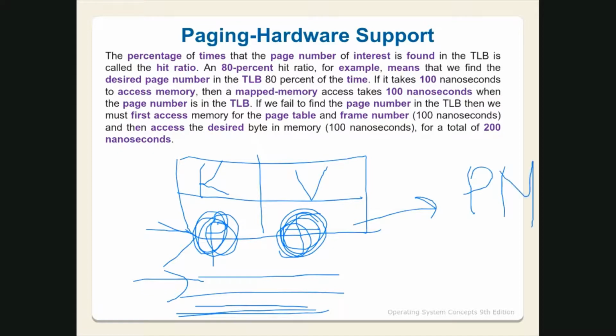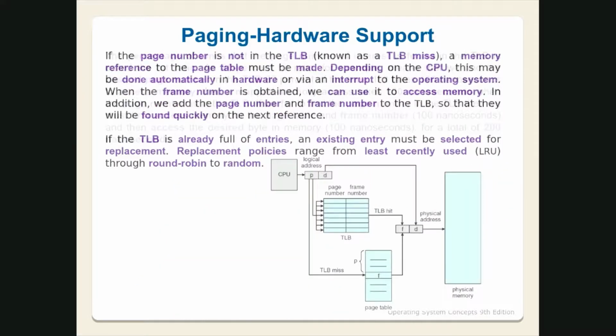When the page number is found, that is called a hit. It means found it. If so, you call it a translation look-aside buffer hit, or TLB hit. It's not necessary that you will always have the page number in the buffer. There may be a miss, called a translation look-aside buffer miss.